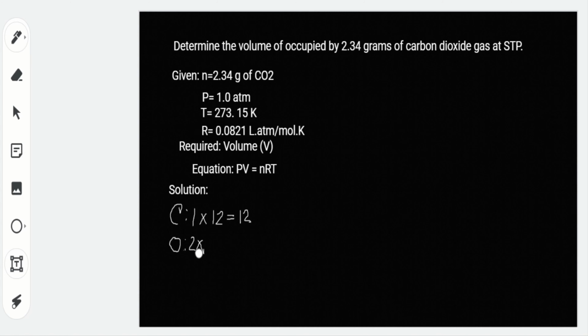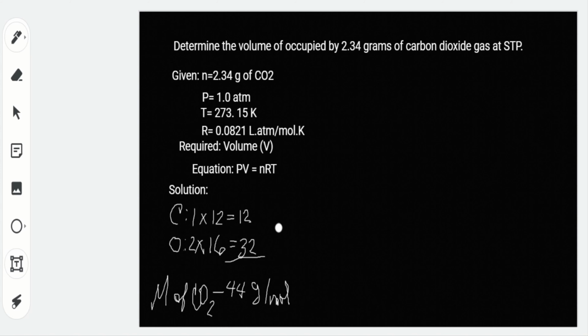So the atomic mass of oxygen is 16. So 2 times 16, that's 32. Okay, so we get the total of this. So 12 plus 32, that gives us 44. Okay, so the molar mass of carbon dioxide, or 1 molecule of carbon dioxide, is equal to 44 grams per mole.